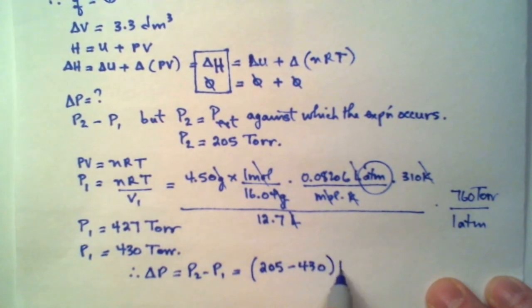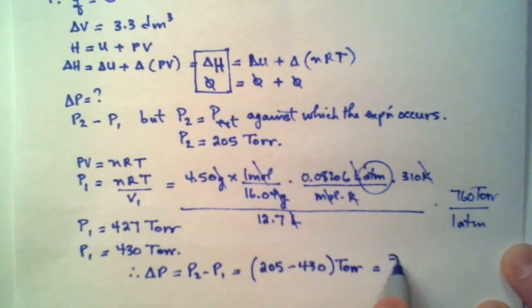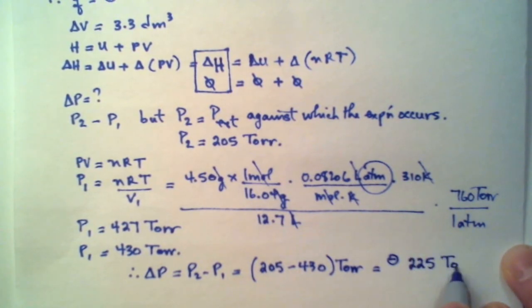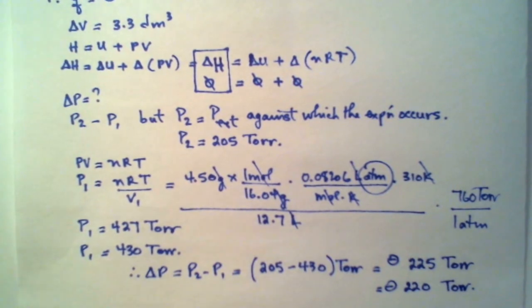And I'll put the unit outside. And that'll be a negative 225 Torr. I have a 5. So I'm just going to say 220. Keep it even. Okay, so there's delta P.